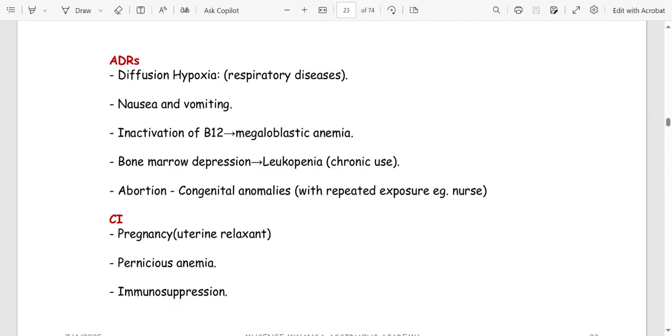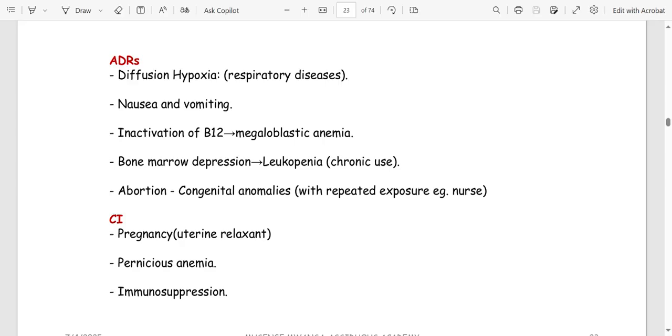the contraindications: when should you never use nitrous oxide? In pregnancy, because it is a uterine relaxant. So what will happen is that in pregnancy, if you end up relaxing the uterus, that's a problem, because, well, if you contract the uterus very much, you can cause the baby to start to be pushed. But at the same time, if you relax it very much, it's also a problem.